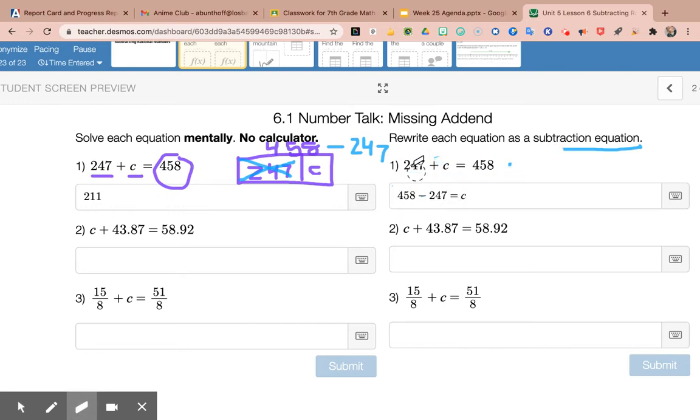All right, so that was the left side and the right side. Again, we need to find the piece. So we have piece plus piece equals whole.